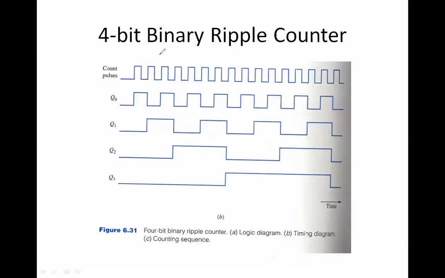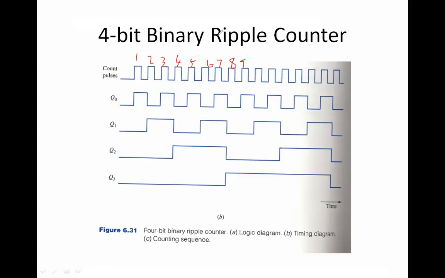For our reference, I will just have the count of the clock. I will take the high values alone: 1, 2, 3, 4, 5, 6, 7, 8, 9, and so on.